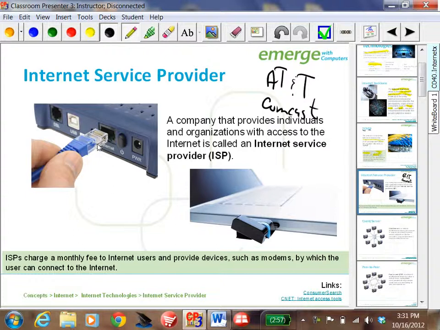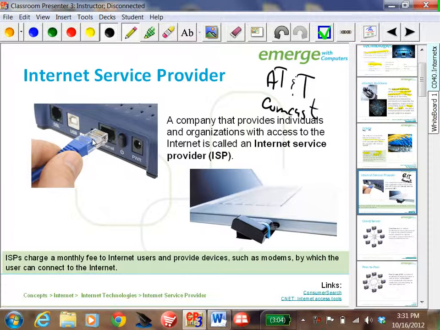So when you hook your computer up to the internet, you have to have some way of hooking it up. One way is a plug like this, which is an Ethernet plug. I have an Ethernet plug here into this computer.